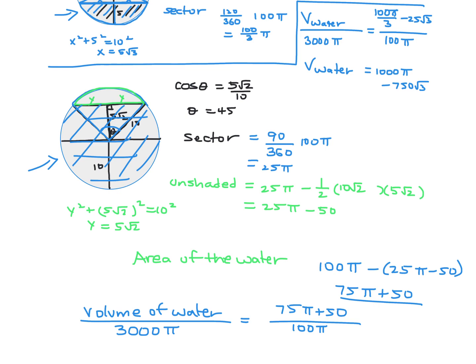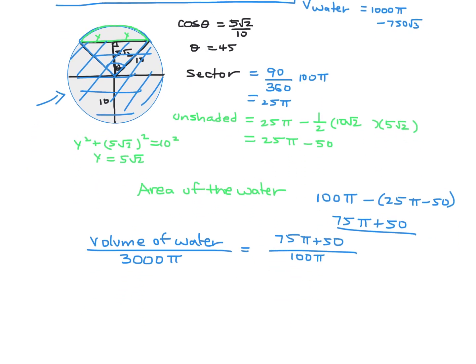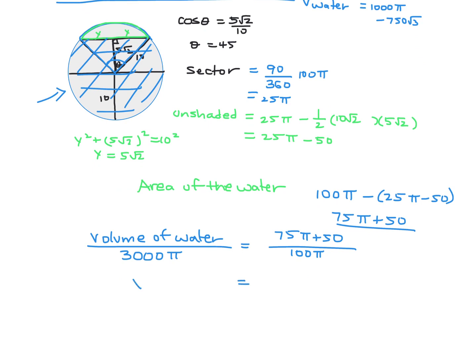Yes, indeed. I think that's it. So then that would mean that the volume of the water after you added it and the height grew, you'd solve for this, and that would be 30 times that. So it would be 2250 pi plus 1500.